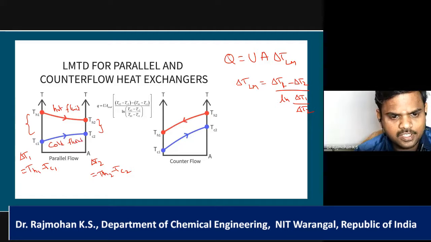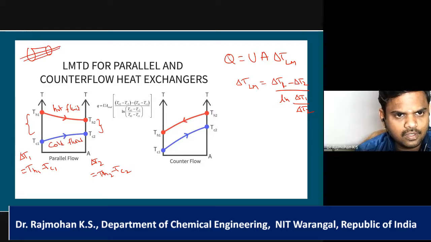Okay, it means in heat exchangers we have hot fluid moving, and externally we will be sending cold fluid. So hot fluid will give up its heat to the cooling liquid. So cooling liquid will enter at low temperature and leave at high temperature, whereas hot fluid will get reduced in its temperature.